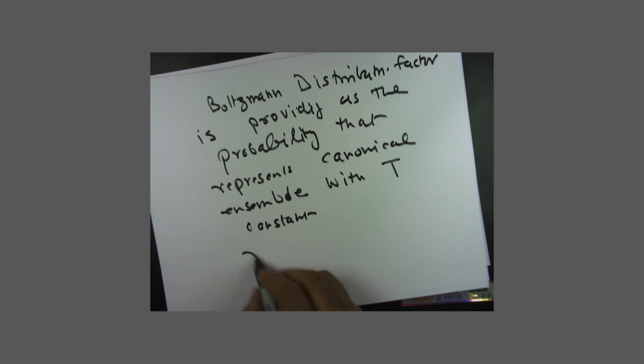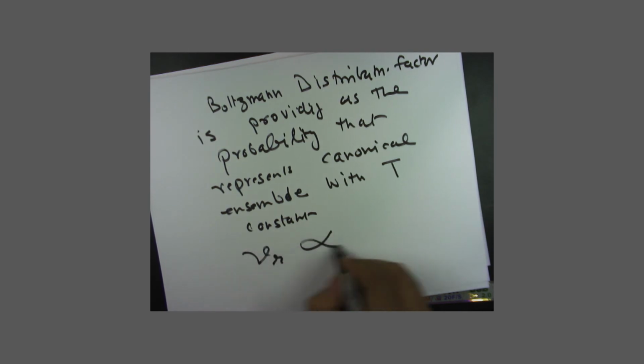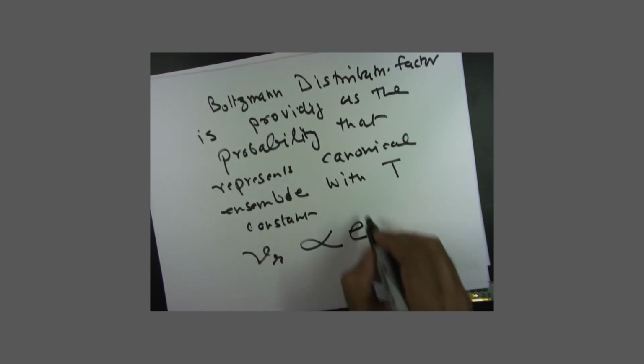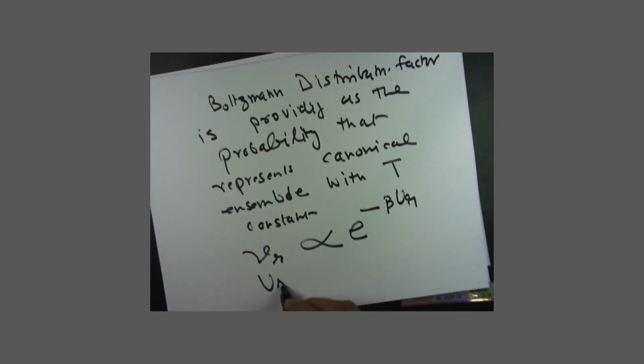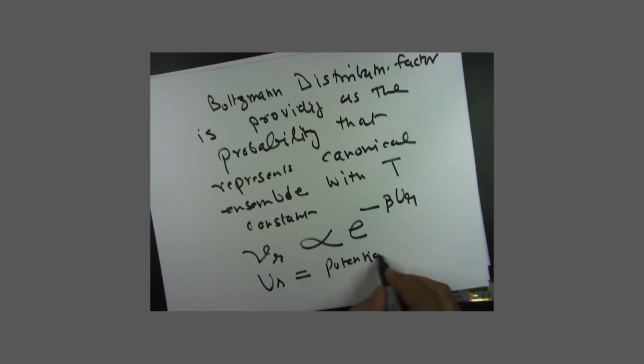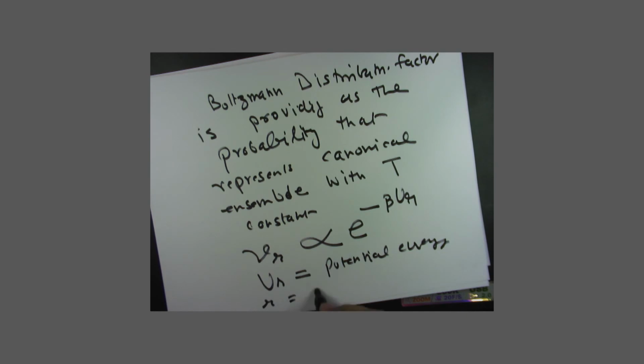So, this is where V R is proportional to e to the power minus beta U R, and U R is potential energy and R is position.